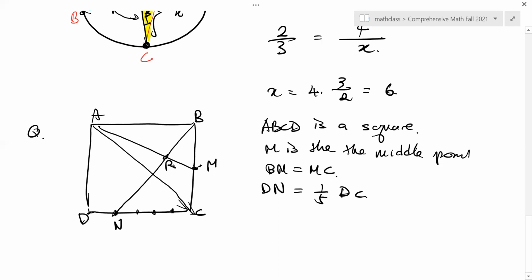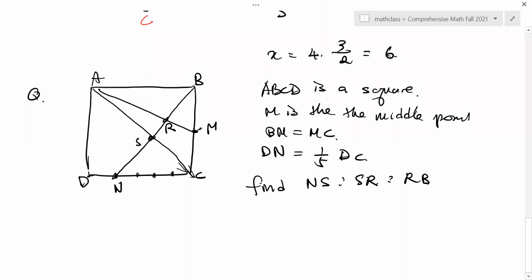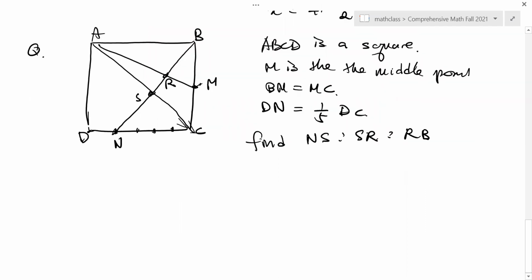That's the intersection point R here, and this is the intersection point S. So we want to find out the ratio NS to SR to RB. So I have three pieces here, right?